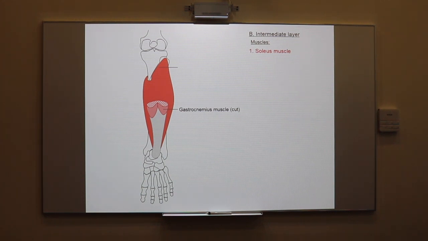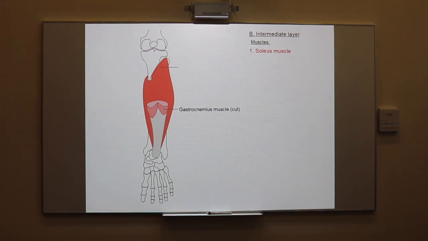So below the soleal arch, you would see the posterior tibial artery, along with it the deep veins, the posterior tibial veins, and there is a plexus of veins within the soleus muscle, the perforating veins, which are going to pass through into the deep veins.